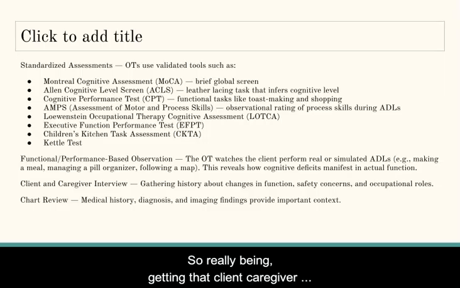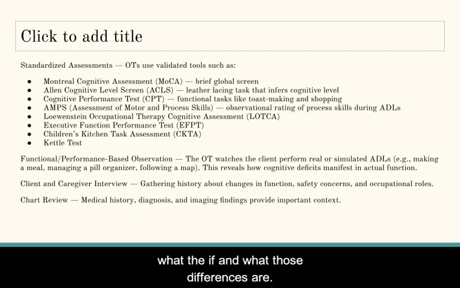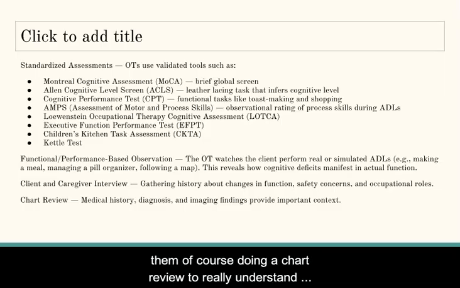So really getting that client, caregiver, care provider interview can be really important to know what those differences are. And specifically, if you are working with a client who has cognitive impairment, what strategies were they using to help with that cognitive impairment, and making sure that you're using those strategies with them.